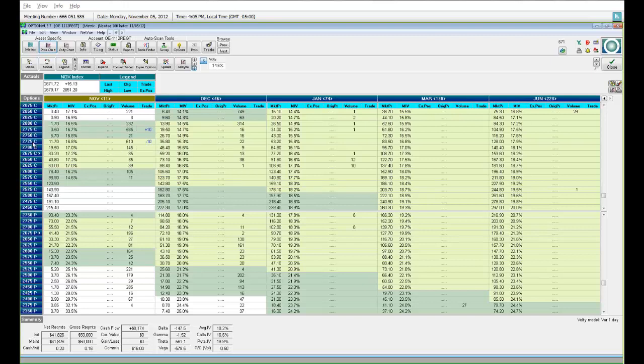I'm selling the 27.25s and buying the 27.75s, so I'm selling the ones close to the money and buying the ones farther away. If I sell 10 of these, I'm getting $11.70 for each one. If I buy these, I'm paying $3.50.